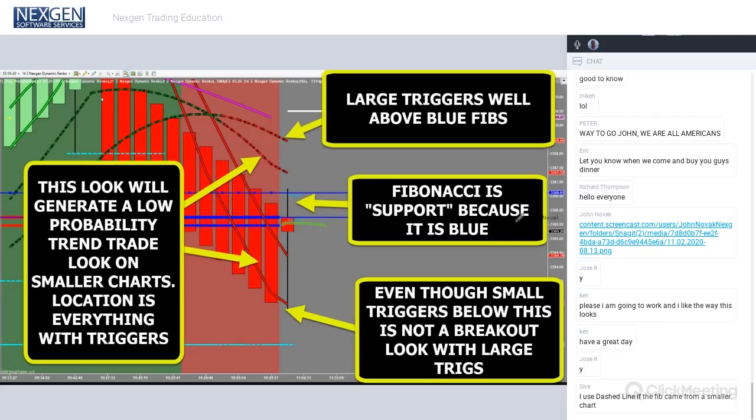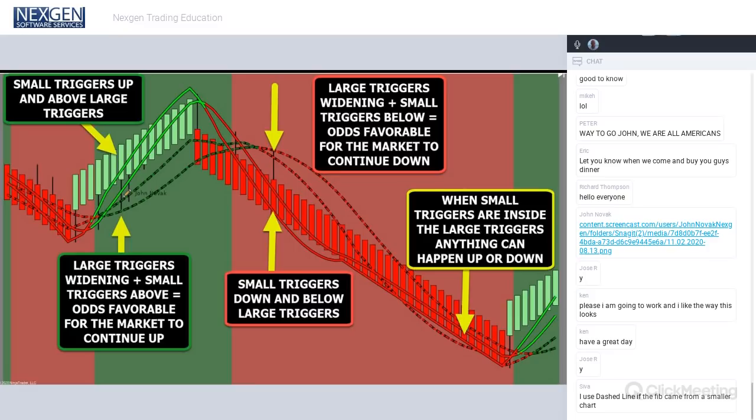This is what you've always learned. And this is my attempt at a simplification of the thought process. So again, we're obviously trying to buy the market when it's going up, and sell the market when the trigger lines are going down. And when they get inside of each other, we watch out for support or resistance or change.